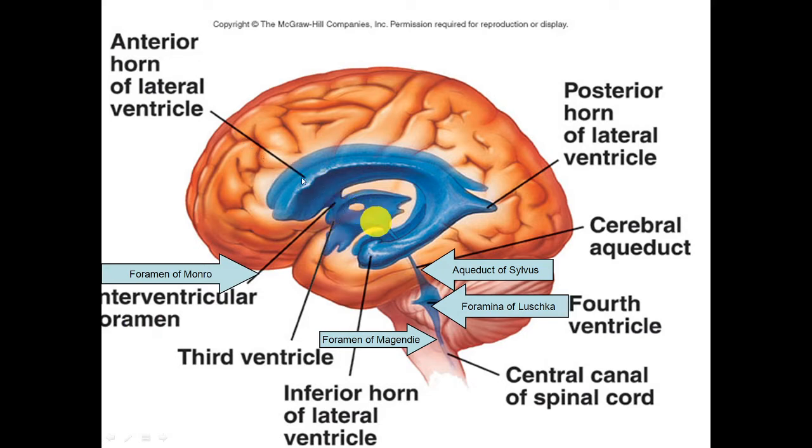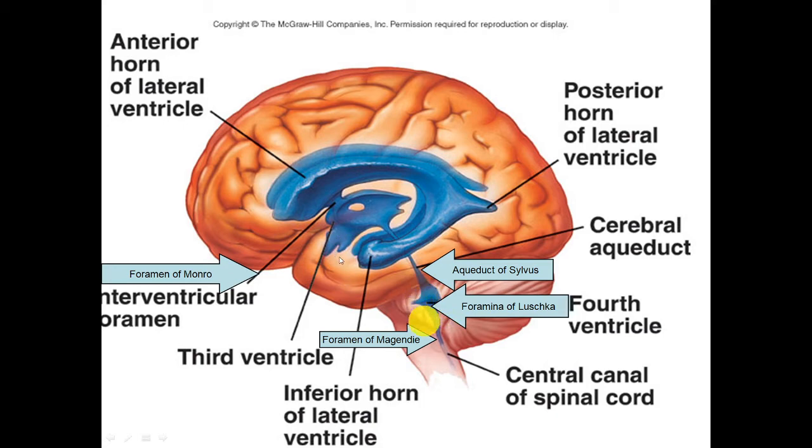All four of our ventricles are connected. So the lateral ventricles are connected to the third ventricle via this interventricular foramen. Now, it's also called the foramen of Monroe, but you should remember it as the interventricular foramen because that's what's on our list.